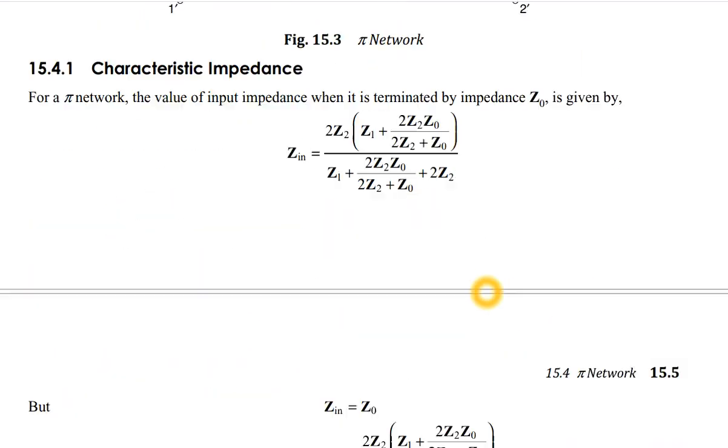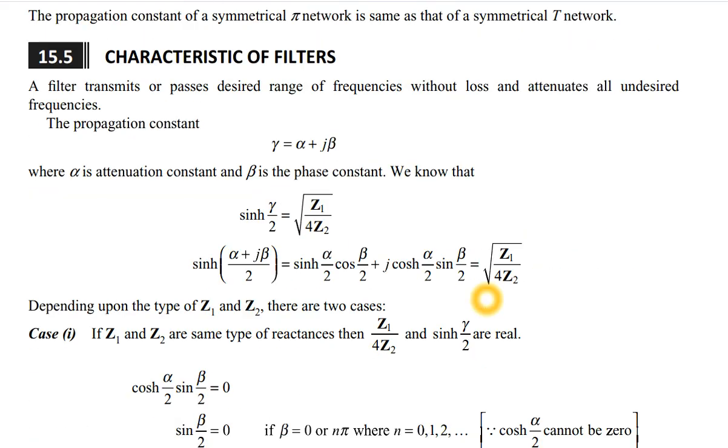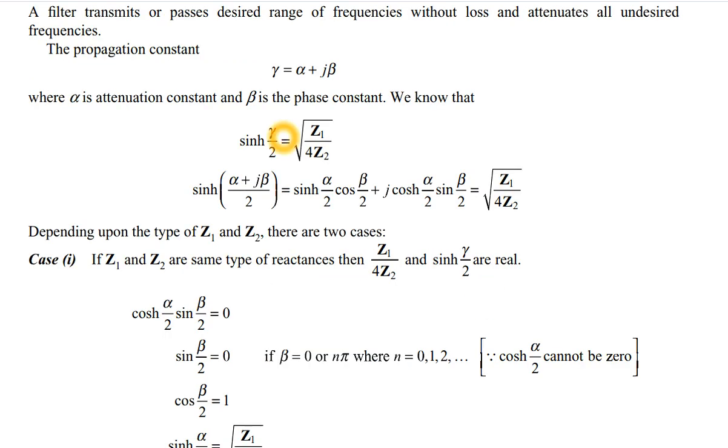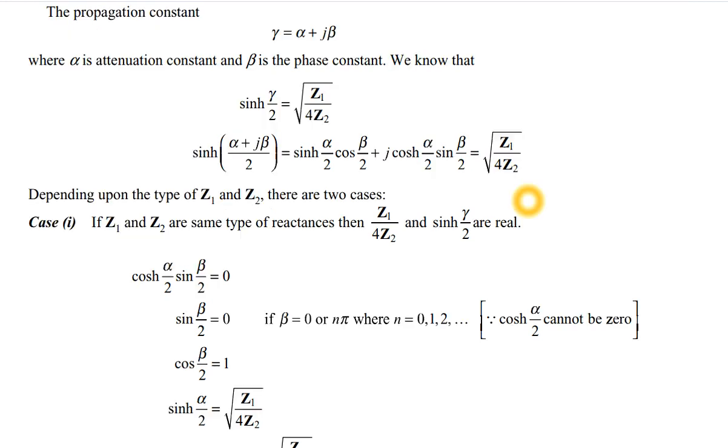Okay, so what we are seeing, sinh(gamma/2) is given with this, and you just substitute gamma equal to alpha plus j beta, then it can be written like this. It is a hyperbolic trigonometric formula, and which is equal to square root of Z1 by 4 Z2. Fine. Now depending upon the type of Z1 and Z2, there are two cases.